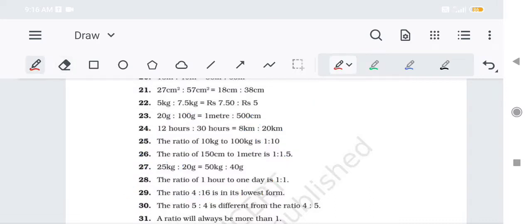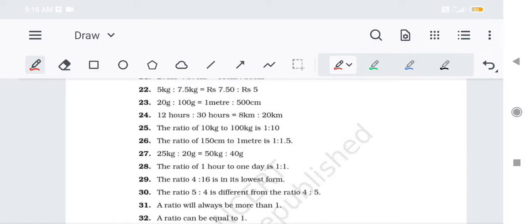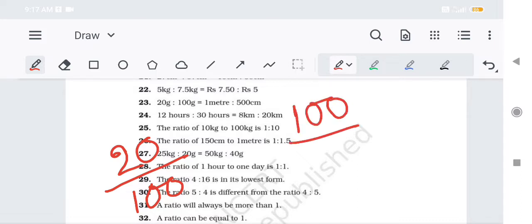Here in the next sum it is written 20 gram is to 100 gram is equal to 1 meter is to 500 centimeter. Now see, I am just converting both the ratios into fractions. 20 is to 100 is coming for the first one, and for the second one 1 meter is to 500 centimeter. It will be better if you simply convert this 1 meter into centimeter, because both the terms of the ratios must be in the same unit. So after converting 1 meter into centimeter I am getting 100 and the fraction is coming 100 by 500.